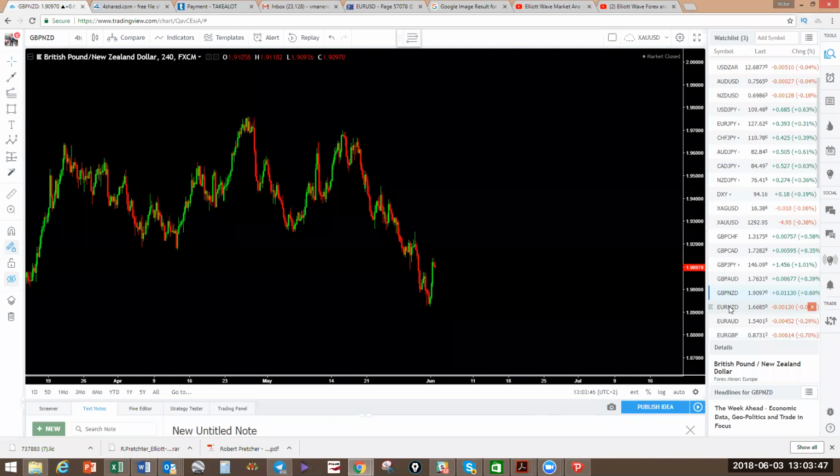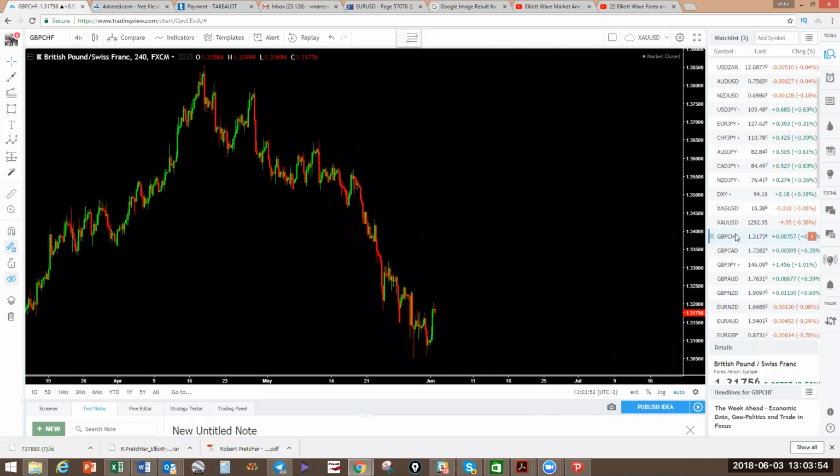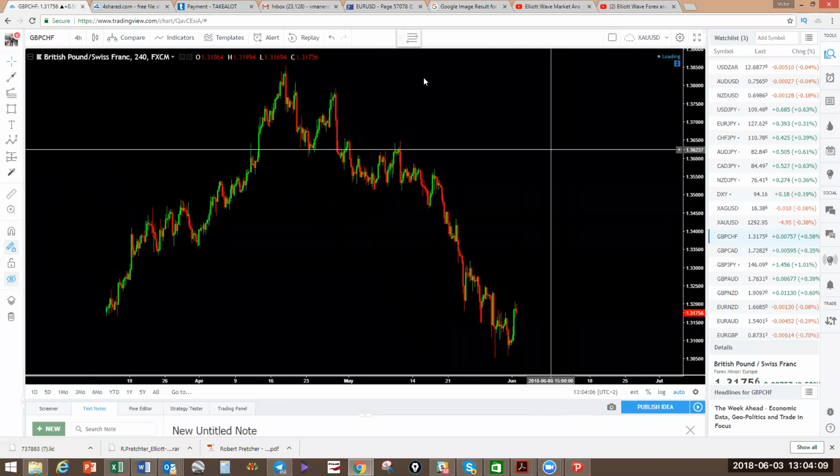Euro, can I do the euros now? I think we're done with all the pound pairs. Now let's do pound CHF first. Pound CHF. So this is pound CHF. You can see exactly the same structure.